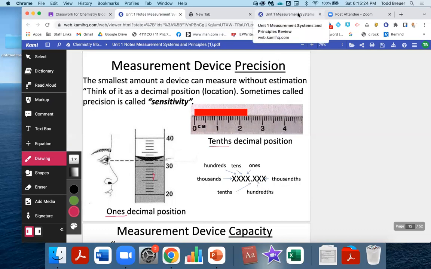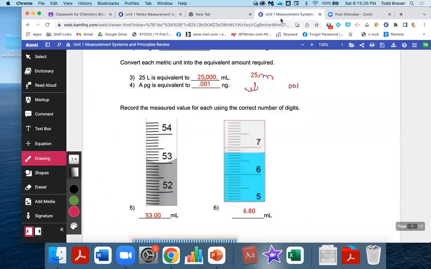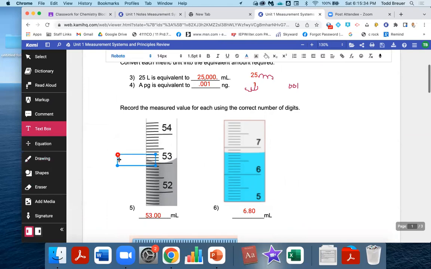So let's go back and apply that to the examples that we see now. Every space represents tenths, Mr. Brewer. So every time we move one space, it's 1/10, 1/10, 1/10.